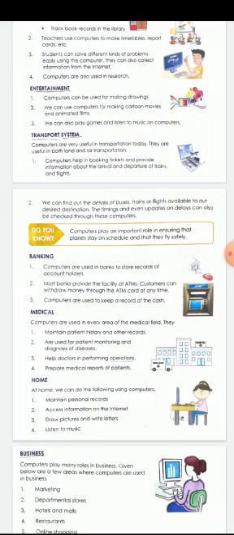For all these things, computers are used. In the transport system, it is used for booking tickets and to know the schedule of buses, trains, and flights, and whether any delay is there. All these things you can know with the help of computers.